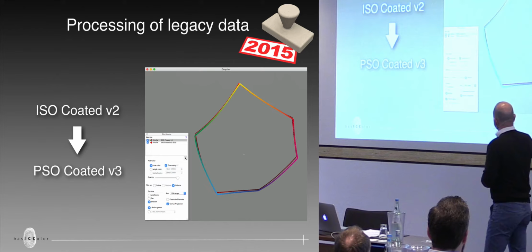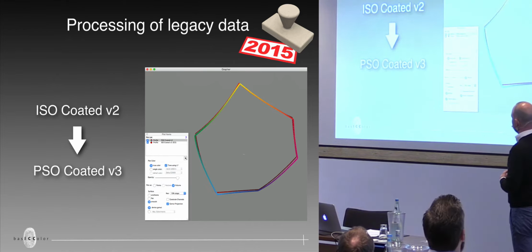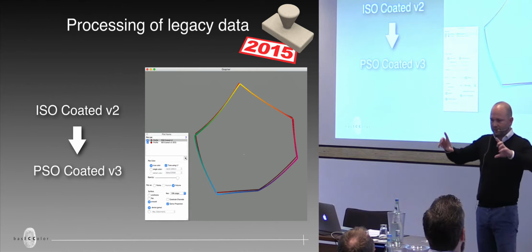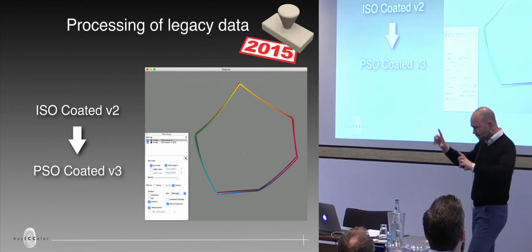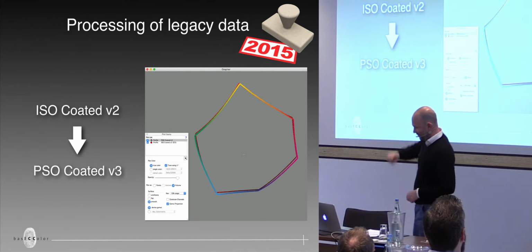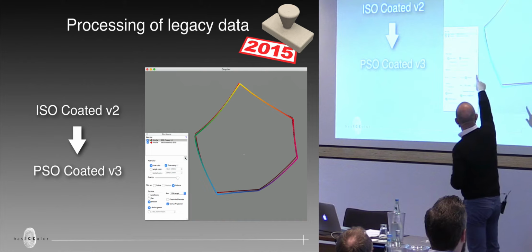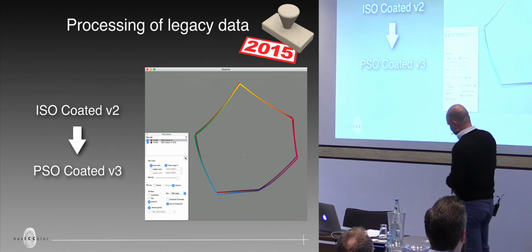I made a comparison of the two ICC profiles, and as you will see, the primaries are a little bit moved. Here, for example, the cyan is a little bit different, then the green, and the magenta.